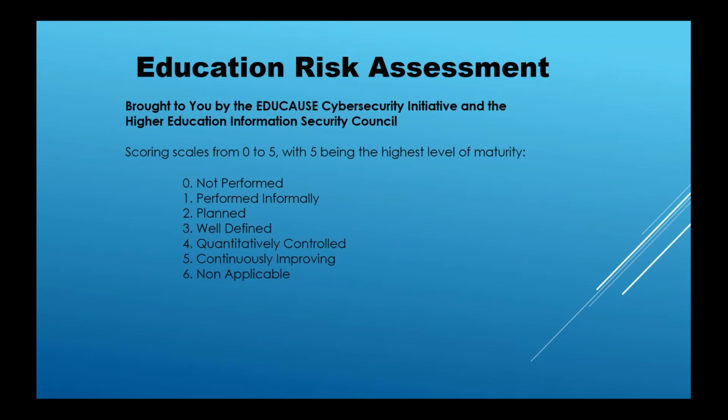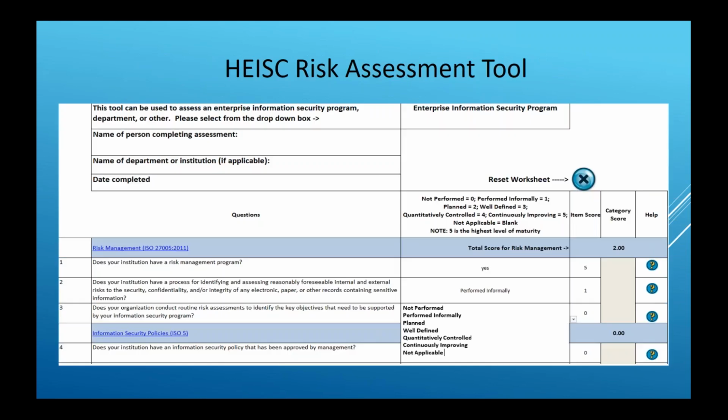In other words, you're actually doing some of those things and you're planning to improve that program. 3 is well defined. 4 is quantitatively controlled, where you can actually measure that and are measuring that. And 5 is continually improving. And there is a 6th choice out there, which is non-applicable. So let's take a quick look at what this spreadsheet would look like.